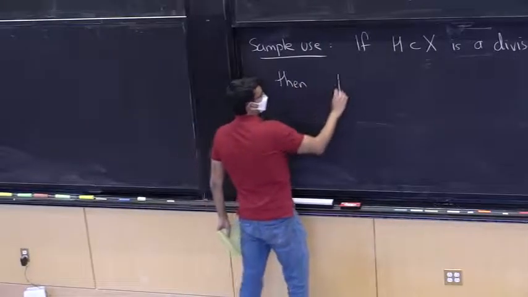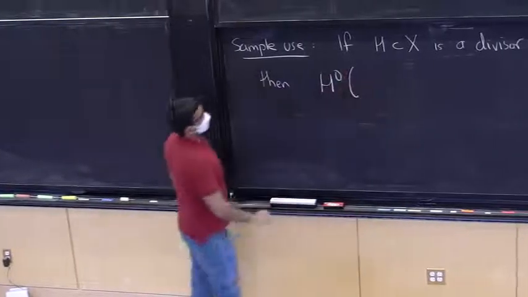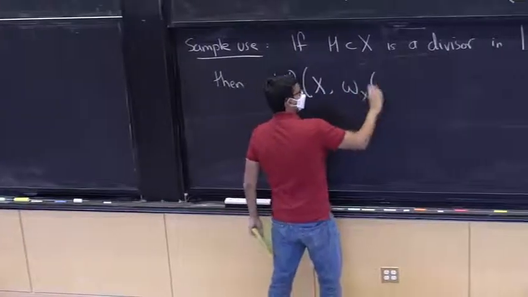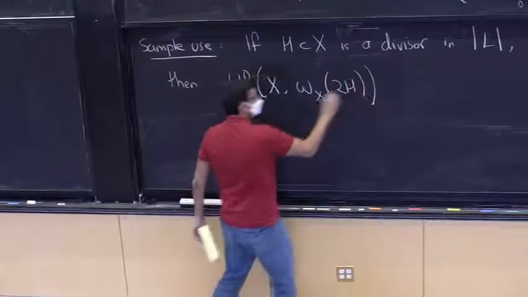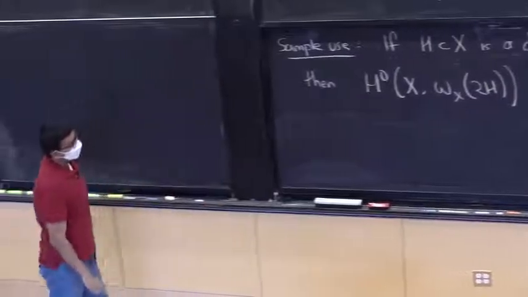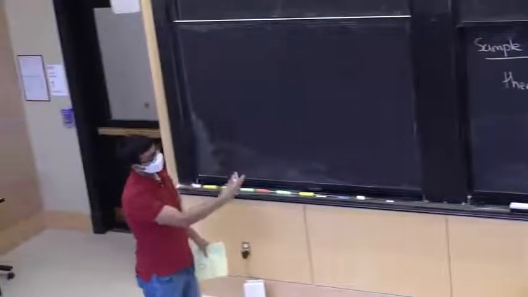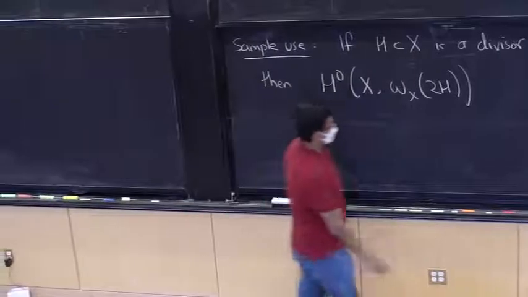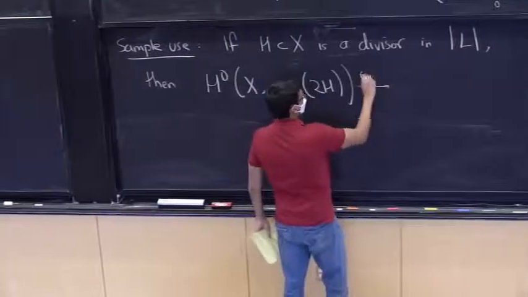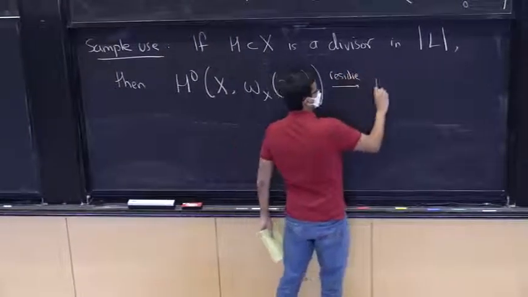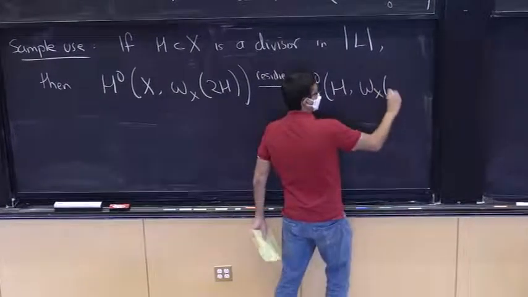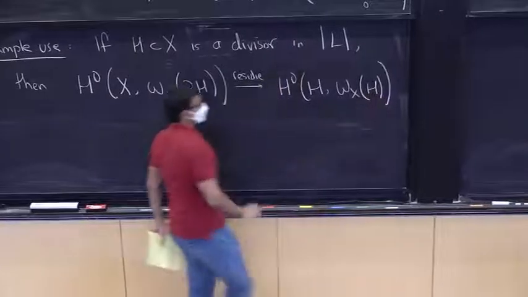H naught means just globally defined sections of the corresponding bundle. I can look at the canonical bundle on X and twist it by 2H, which means you look at those top forms which have poles of order at most 2 along this divisor H. This has a residue map to something analogous on the divisor, but the order of the pole drops by 1 when you take the residue.